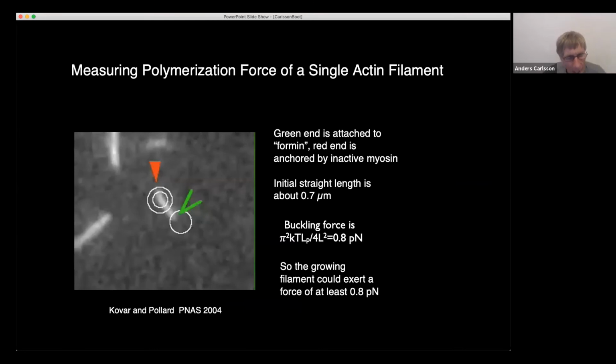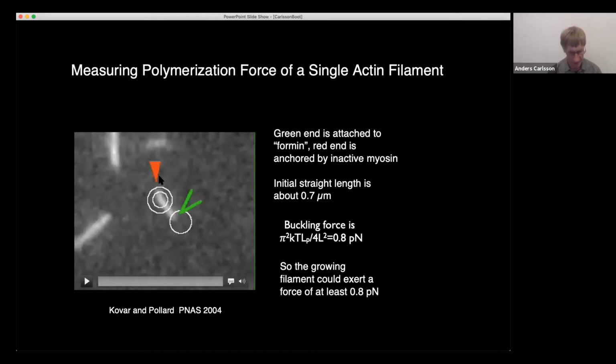Okay, so this is one of the very few measurements of force generation by polymerization of an individual biopolymer. So this here, this is a little submicron piece of an actin filament, and it's anchored at its two ends in different ways. At one of its ends, it's anchored by a dead myosin, and it just sits there.